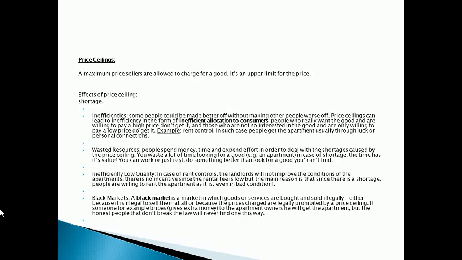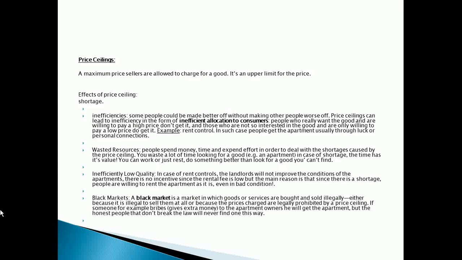Now, I'm going to show you the effect of price ceiling using a graph on the next slide. We can see from the graph that price ceiling has led to shortage when it comes to renting apartments. The equilibrium price is different from the price that the government has enforced. So the equilibrium price is at PE here, and the price the government has enforced is below the equilibrium price, which is PC.